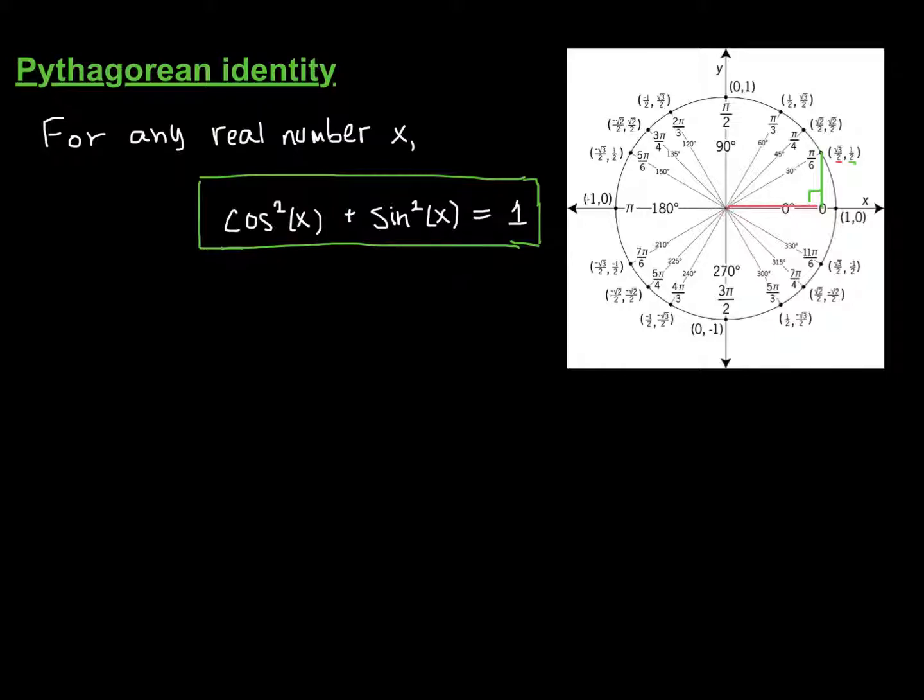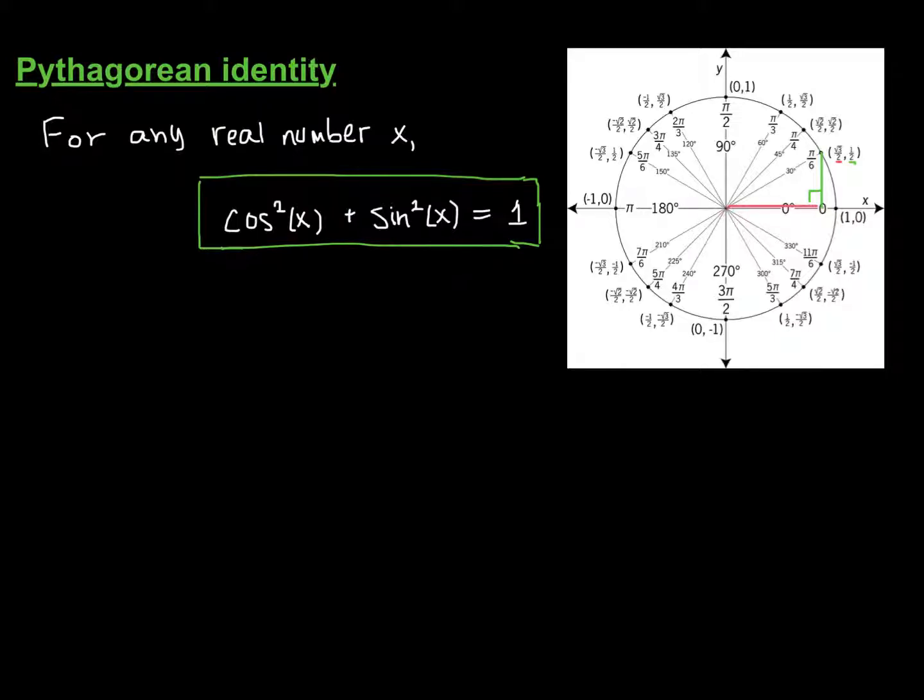Okay, so this is what's known as the Pythagorean identity, and it's really just the Pythagorean theorem applied to the unit circle. What the Pythagorean theorem says is that if you have a right triangle, you can take the two smaller sides, square them, add them together, and that will equal the hypotenuse squared, right? A squared plus b squared equals c squared.